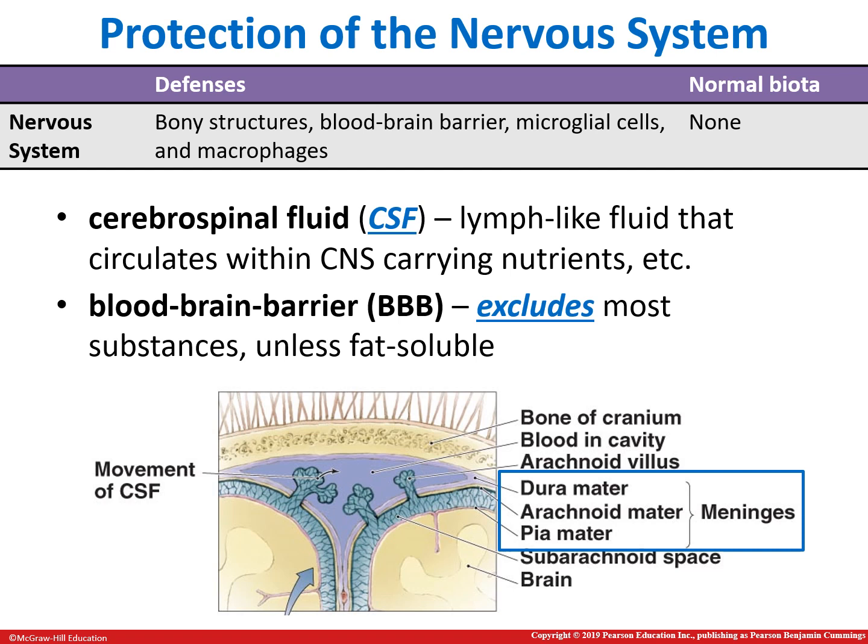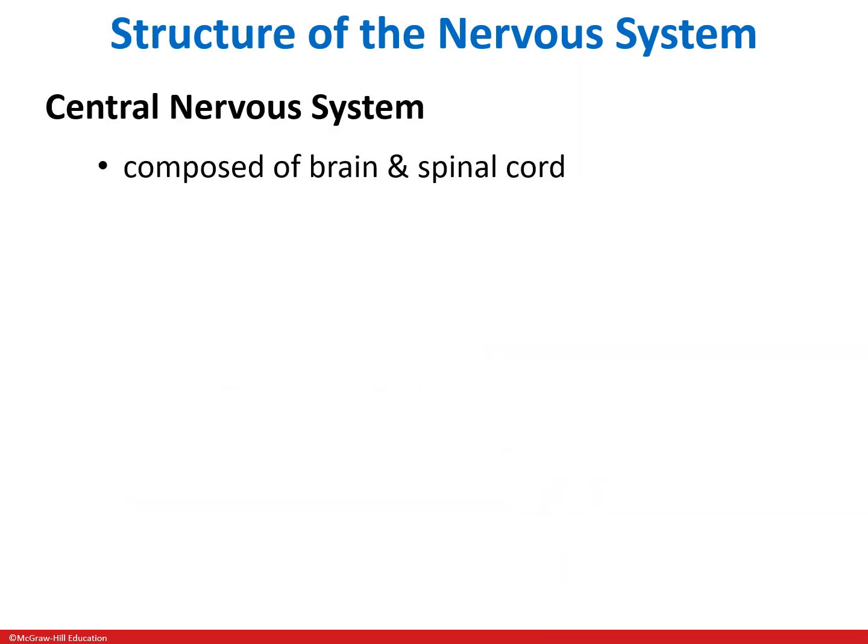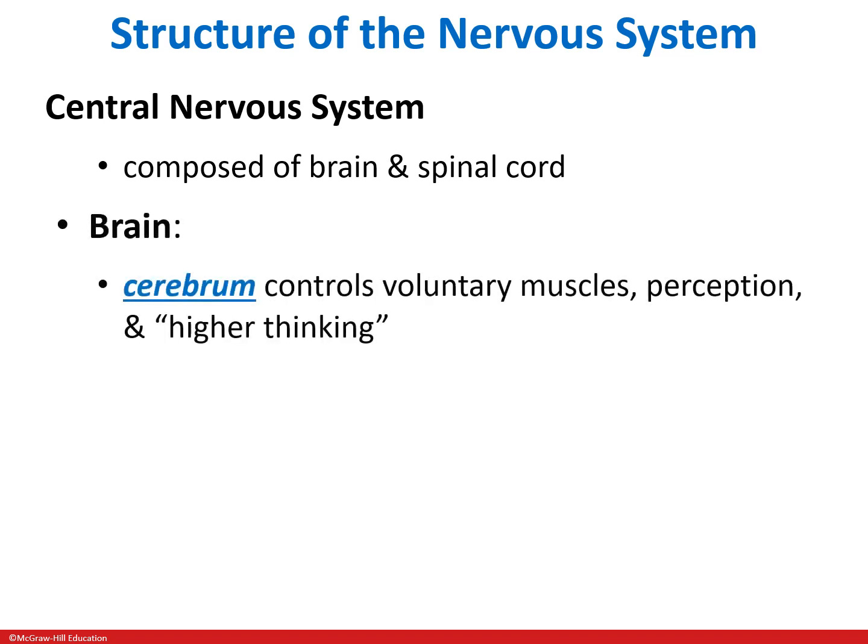But because the pressure is moving out, as long as there's enough pressure on the inside pushing out, anything in the bloodstream where that CSF is going, up there in the gap between the two hemispheres, that's essentially blood going back toward the heart. So that is a place where microbes could potentially find their way into the nervous system, but that's fairly rare. So again, the central nervous system is the brain and spinal cord.